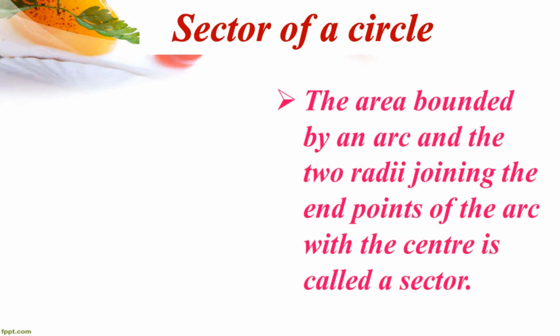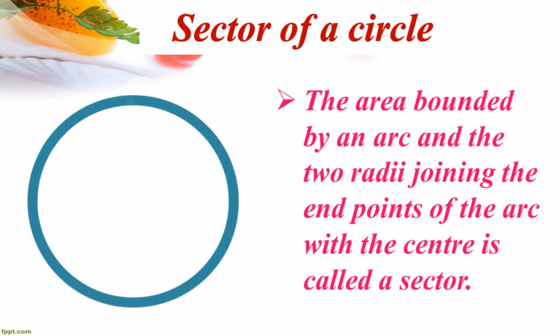So now coming to sector of a circle. The area bounded by an arc and the two radii joining endpoints of the arc with the center is called a sector. So now this is a circle. AXB is an arc and O is the center, and AO and OB are two radii.